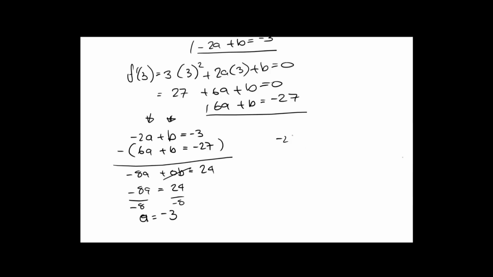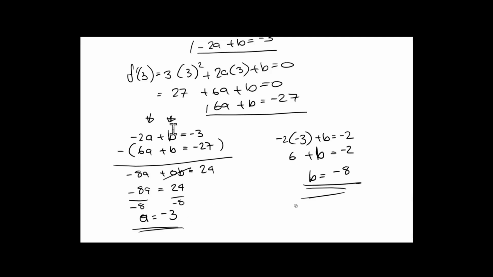So let's put that in here. So negative 2 times negative 3 plus b equals negative 3. So negative 2 times negative 3 is positive 6 plus b. And that equals negative 3. So b must be equal to negative 9.